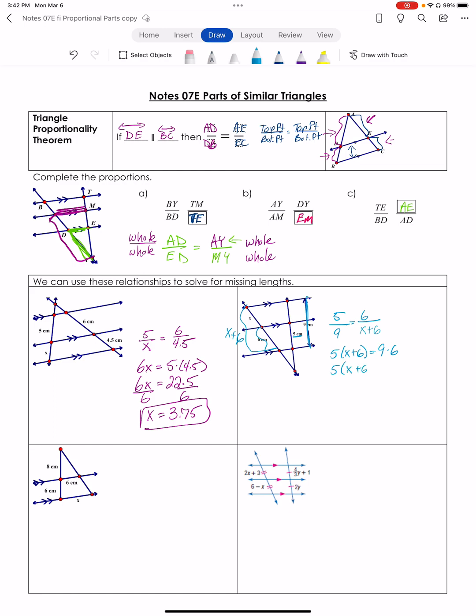Actually, I don't know why I didn't do distributive property. 5x plus 30 is equal to 54. So I subtract 30, 5x is equal to 24. x is equal to 4.8.